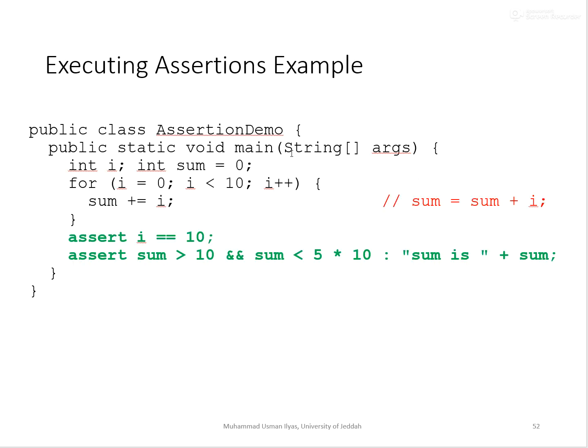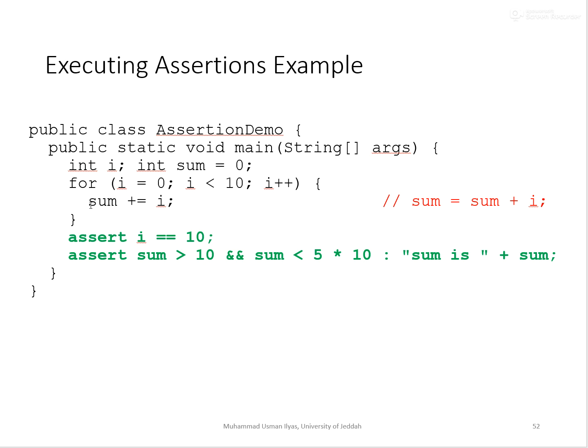Here, for example, is a very simple main method. We are declaring an integer i and another integer sum, initializing it to 0. And i is being used as a loop counter variable in a for loop, going from 0 to 9, as long as it's less than 10, so ending at 9.